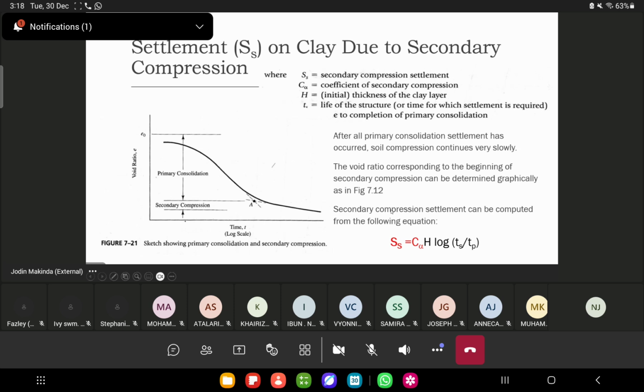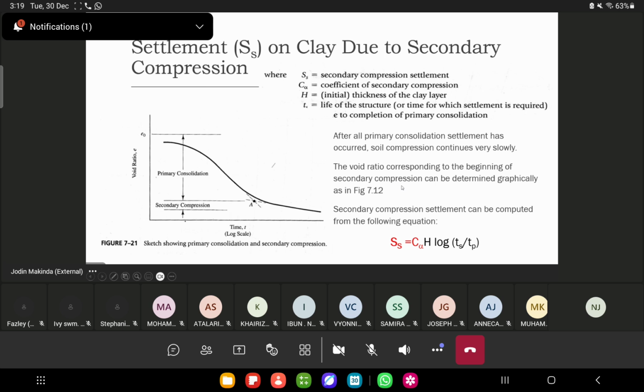The thickness reduction from secondary compression is the settlement SS. The secondary settlement formula is SS. To calculate it, we have a coefficient called the coefficient of secondary compression, C alpha.